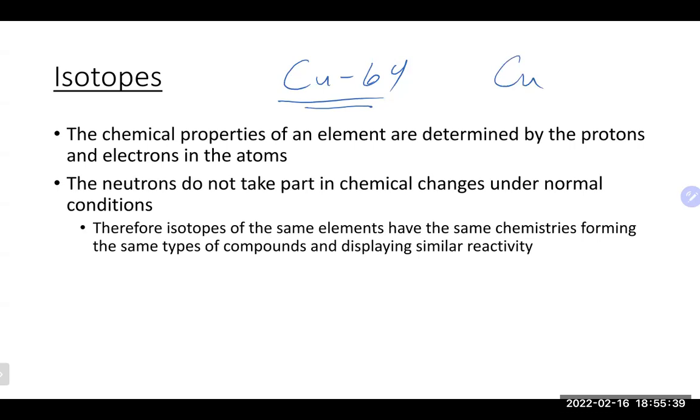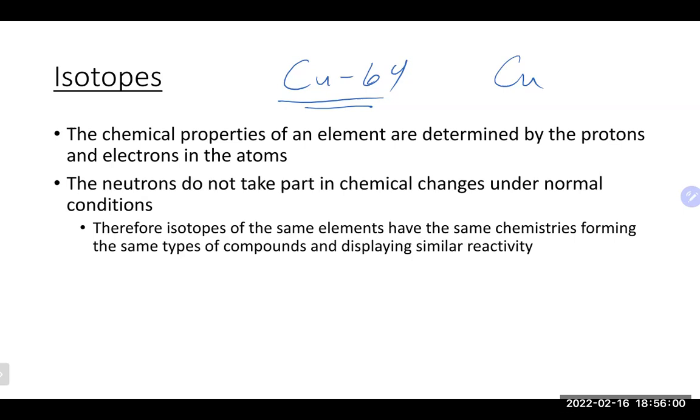So one practical aspect of using a radioactive version of an isotope is, if you're interested in what happens with copper, say in the body, or some type of mechanism, you can use a radioactive version of copper. It will do the same chemistry as regular copper, but you'll be able to follow where the copper goes by following the radioactivity.